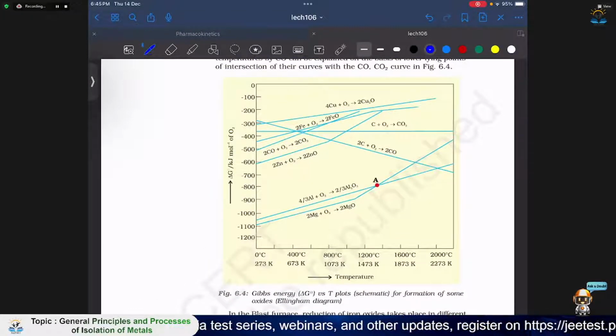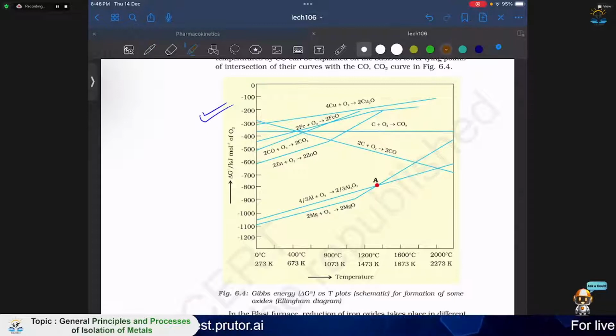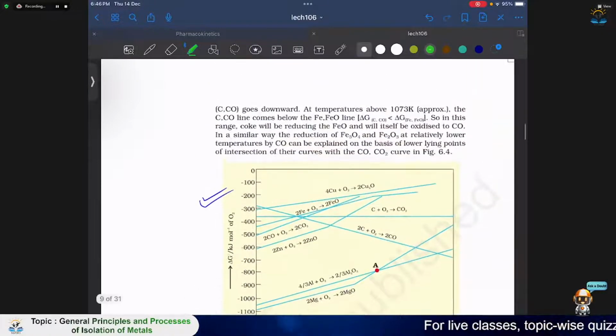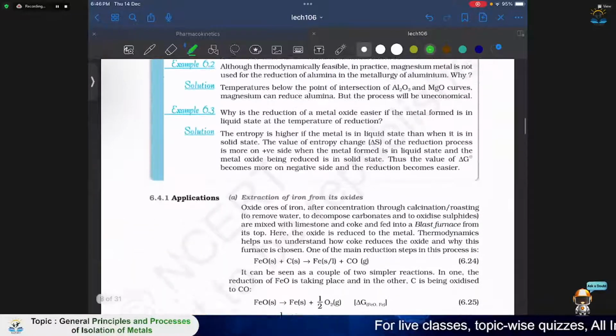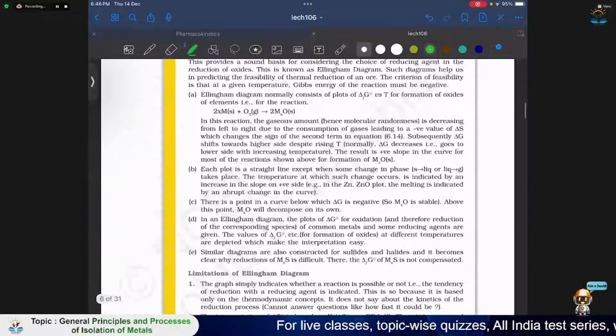If you need to remember at what temperature, or at what condition, or in what situation an oxide will get reduced to the corresponding metal, you need to know the basics of this Gibbs energy versus temperature plot of the oxide. It is fondly called Ellingham diagram. So we will discuss Ellingham diagram, but before that, let us come to the basics of Ellingham diagram.